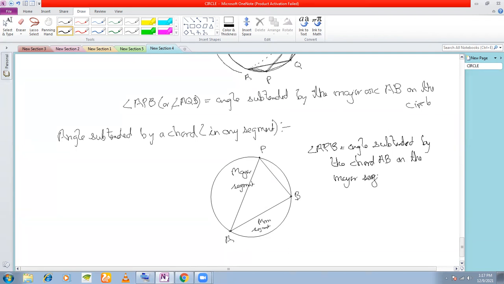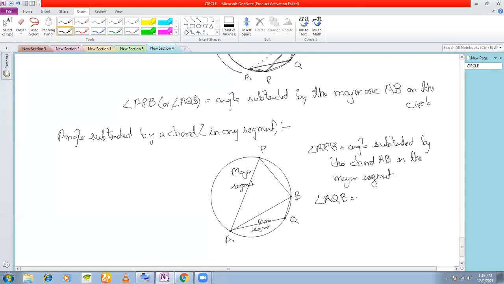Okay. So when we are talking about angle subtended by chords, we talk about segments. When we talk about angle subtended by arcs, we talk about which one? We talk about the center or on the circle. Understood the difference? If you take a point Q here, and if you join this, then this angle is in the minor segment, right?